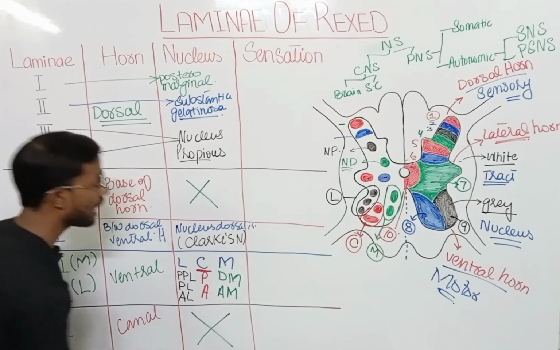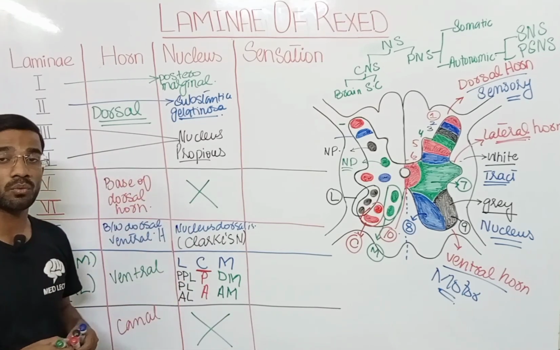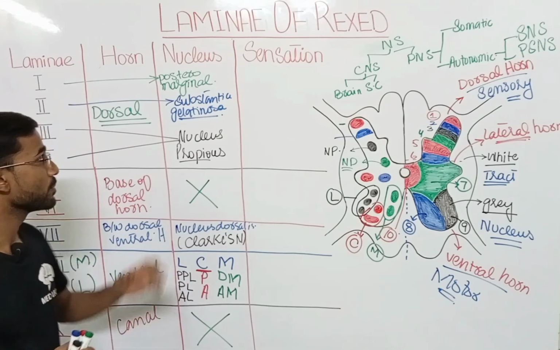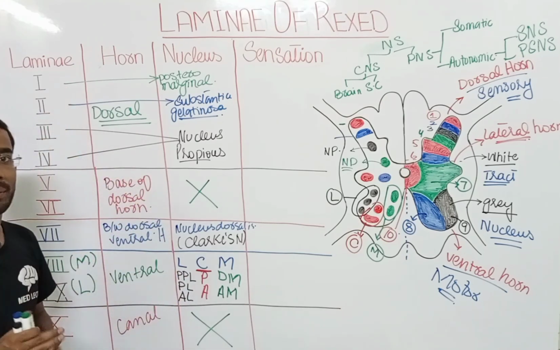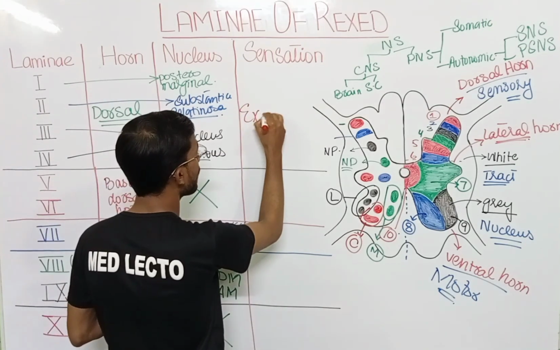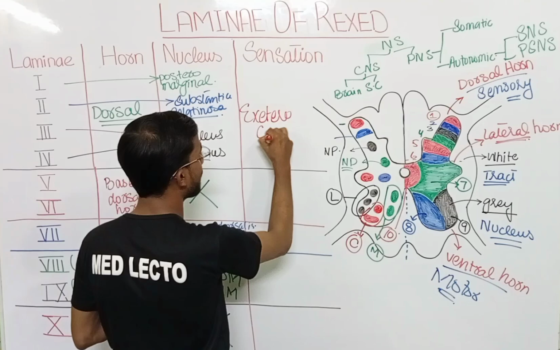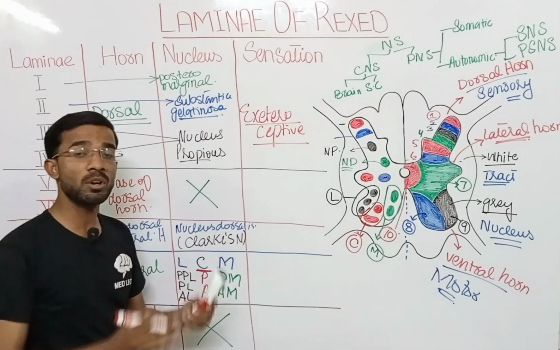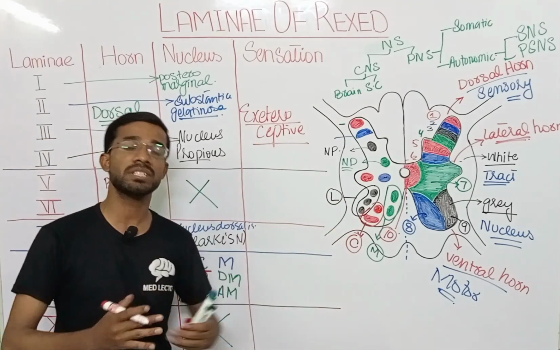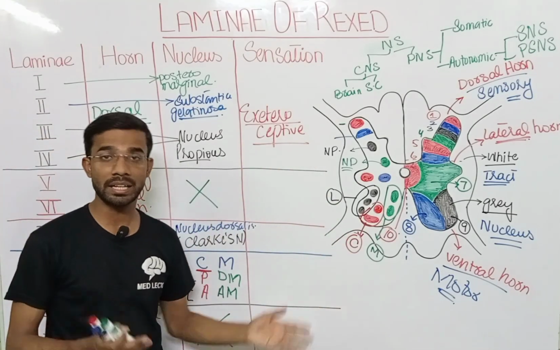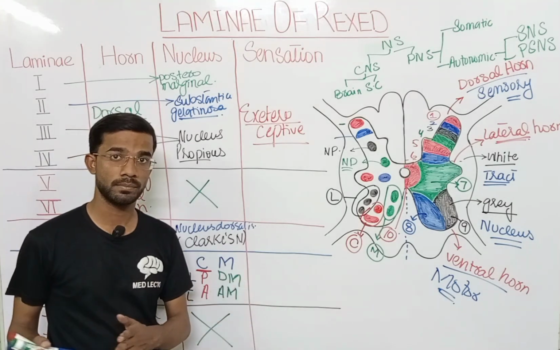Okay. Next, let's see what functions the different laminae are involved in. The first 4 laminae are involved in exteroceptive sensation. These are stimuli received from outside the body, like different temperatures and mechanical stimuli: heat, cold, and pressure.